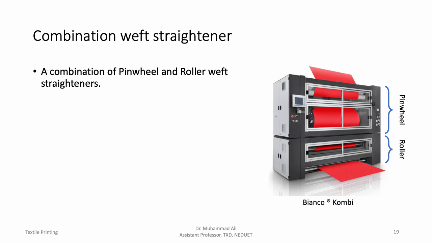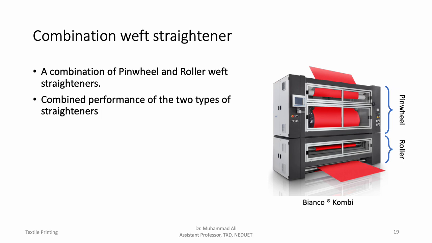So a combination weft straightener is simply the two weft straighteners stacked on top of each other. As you can expect, there are obvious advantages of doing this. In a combination weft straightener, we get the combined performance of the two types of straighteners.